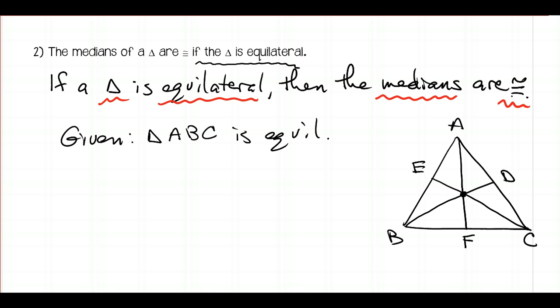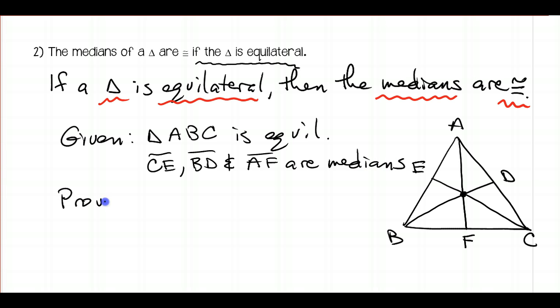So also in here we want to state that CE, BD, and AF are medians. Then we want to prove that the medians are congruent. So we want to prove that CE is congruent to BD, which is congruent to AF.